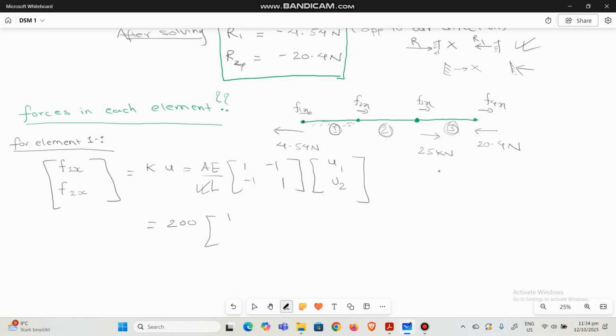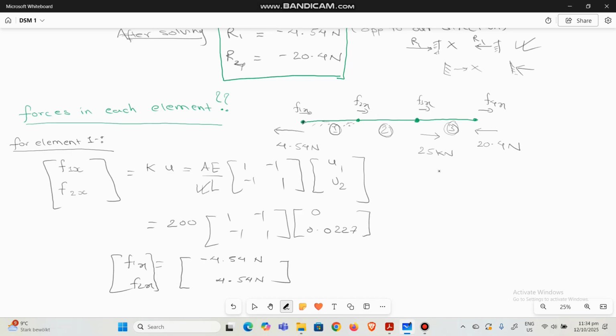The first displacement is 0 because it was a fixed support, and the second is U2, which we found to be 0.0227 mm. After solving, you get minus 4.54 Newton and plus 4.54 Newton. This is F1x, this is F2x.